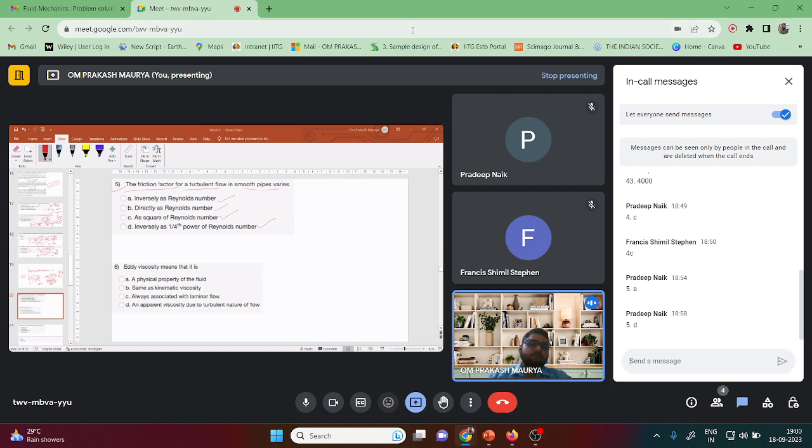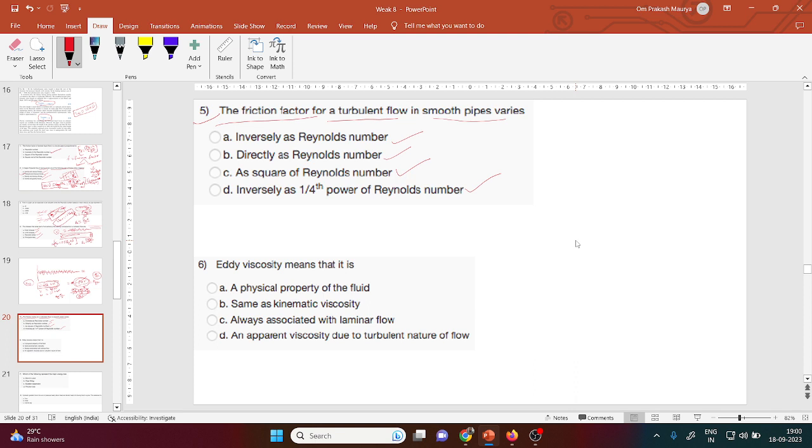So let's see the first equation. For the turbulent case, you will calculate the friction factor like this: 1 over root f equals 2.0 log of epsilon by d divided by 3.7, plus 2.51 divided by Re root f.